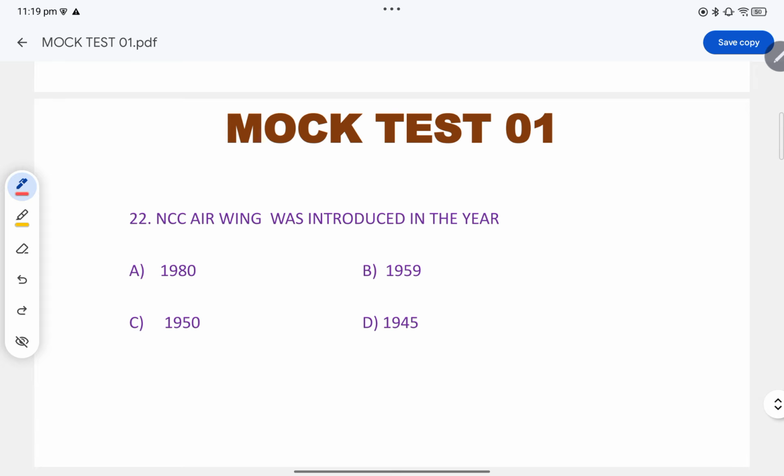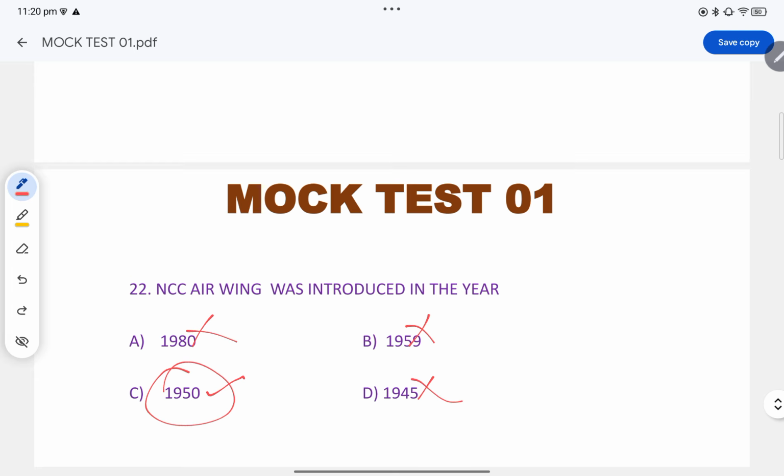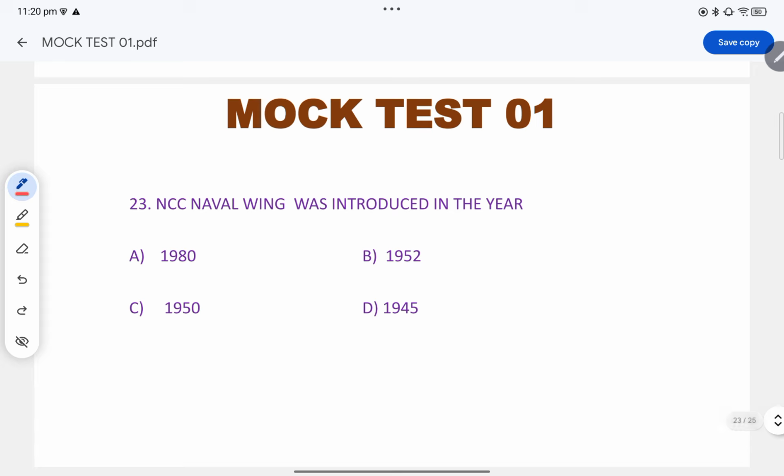The NCC Air Wing was introduced in the year... When NCC started, it started with all three wings. First, Army started. Second, they took the Air Wing in the year 1950. The NCC Air Wing started in 1950, and the NCC Naval Wing started in the year 1952, two years after the Air Wing.